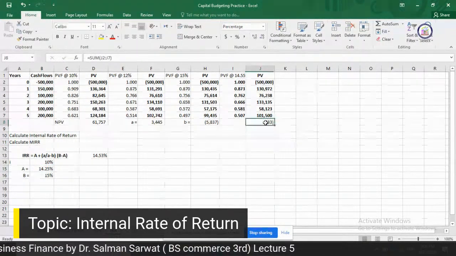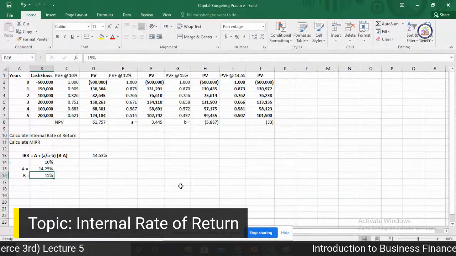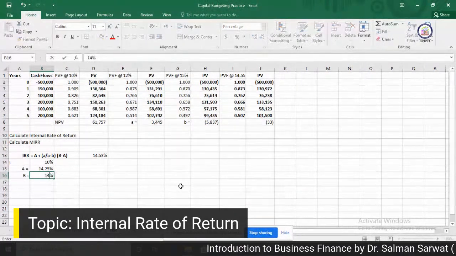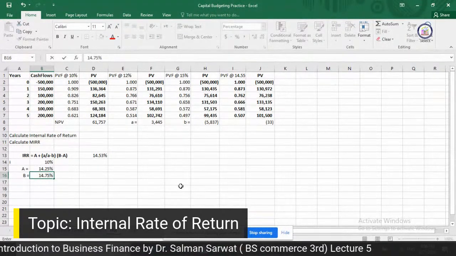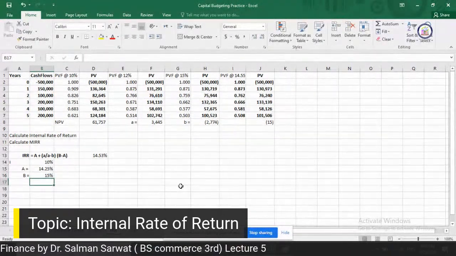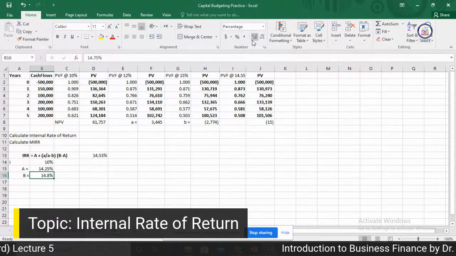Let's suppose instead of 15 we take 14.75. Now we will get a very accurate answer here. Only 15 rupees difference is here.